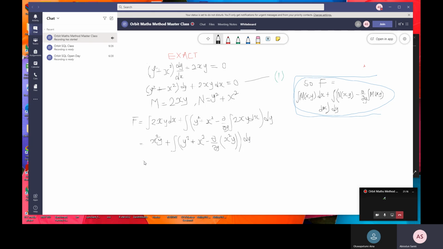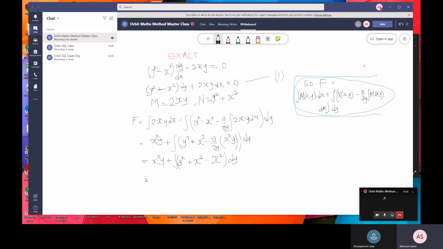Then continue. I will have x squared y plus the integral of y squared plus x squared minus, differentiating x squared y with respect to y, I will have x squared, right? Close bracket dy.